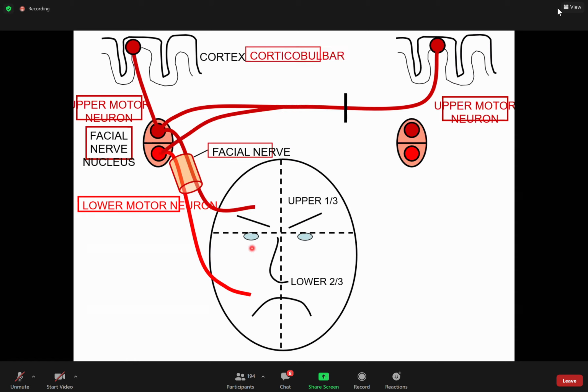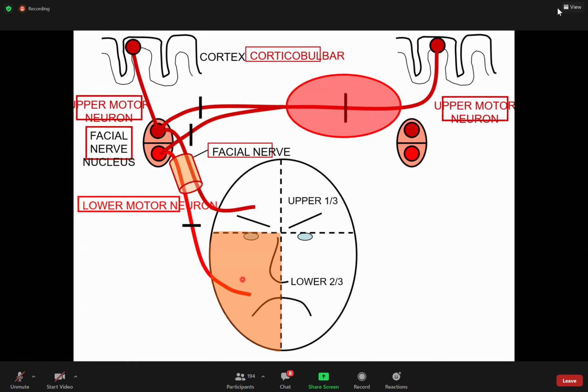So if you have the paralysis here, because the upper part of the facial nucleus is supplied bilaterally, this part would be spared. So you would only have the lower two-thirds of the contralateral side paralyzed in an upper motor neuron type of facial paralysis.